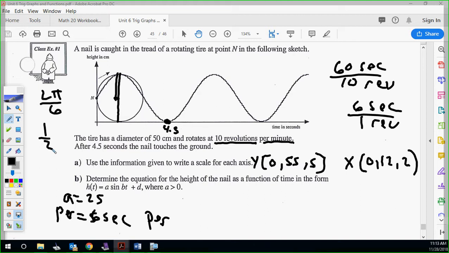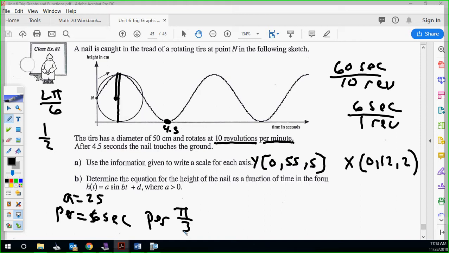When your period's in terms of a number, your b is going to be in radians. They flip-flop in terms of how you explain them. So 2 pi over 6 simplifies to pi over 3.